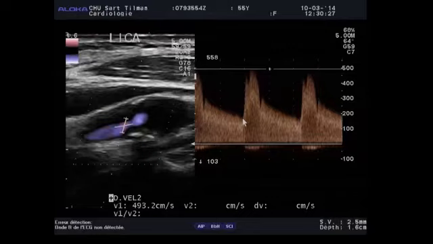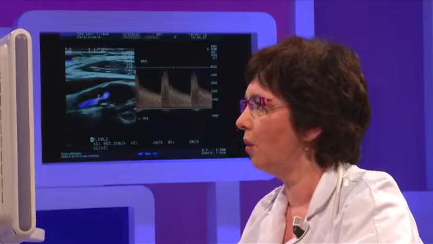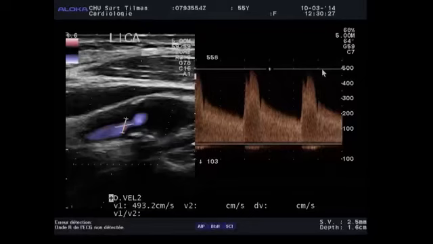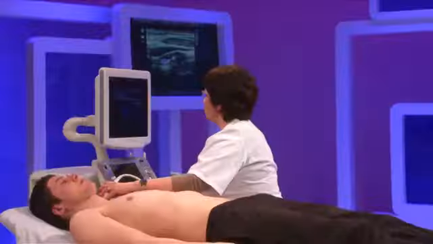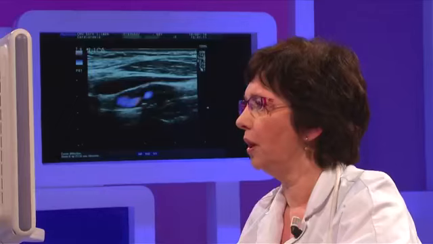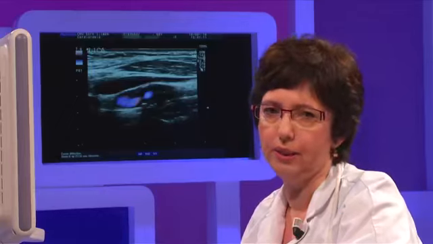But some patients have severe aortic stenosis, or they have a low cardiac output. There's a thrombosis of the opposite carotid artery. So your velocity might be under or overestimated. So to avoid those pitfalls, you will calculate the carotid ratio.